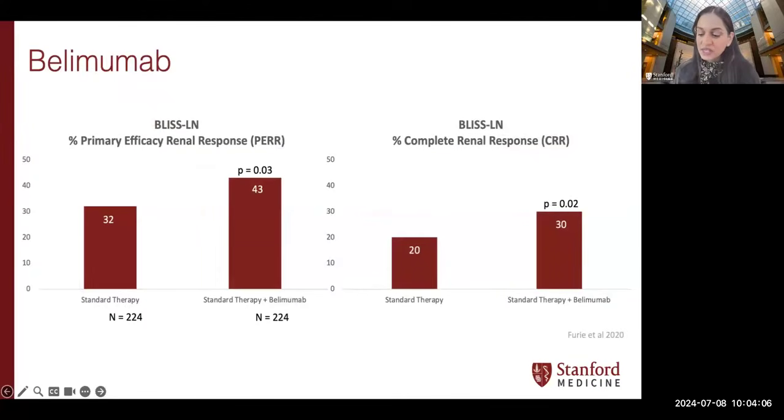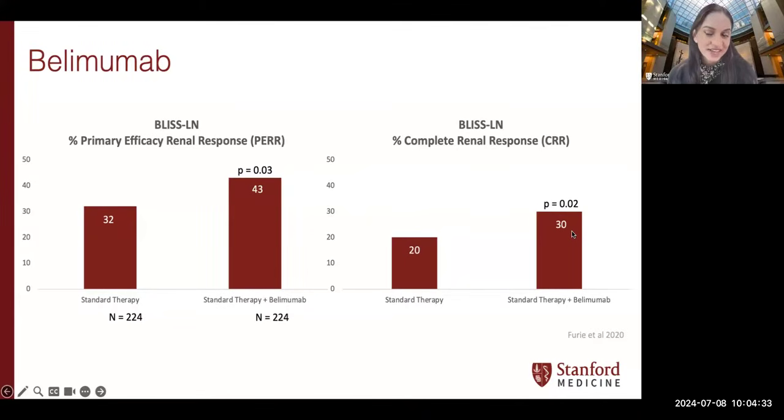In this BLISS trial, they looked at MMF or Cytoxan, adding belimumab, Benlysta, to it. It was a 2-year phase 3 double-blind study across 107 sites in 21 countries with 448 patients. So again, very powered. We were really excited to see that with belimumab, the complete remission rates were better.